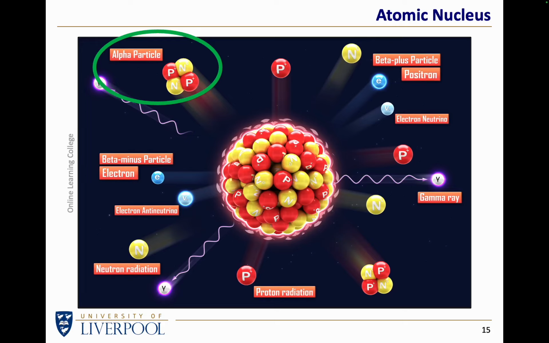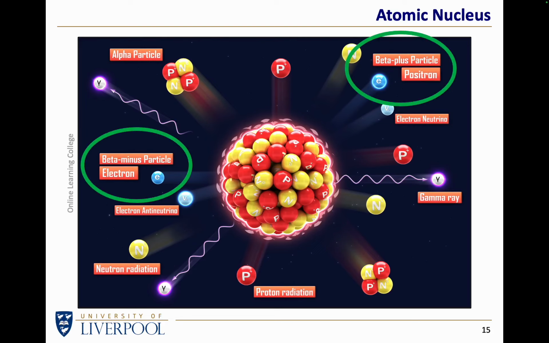It might spit out 4 at a time, 2 protons and 2 neutrons. That particular particle is called an alpha particle. So an alpha is simply the name we give for that particular combination of components of a nucleus. 2 protons and 2 neutrons is what we call an alpha.